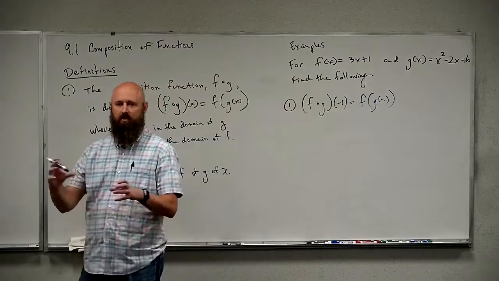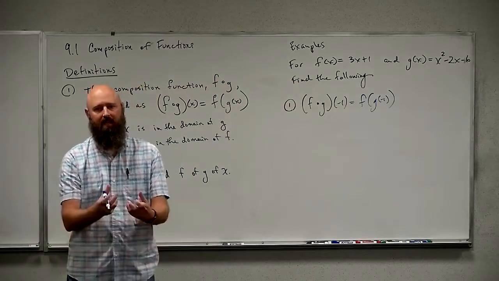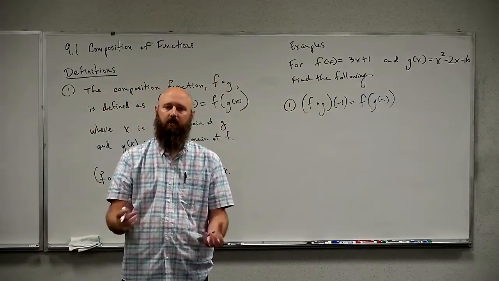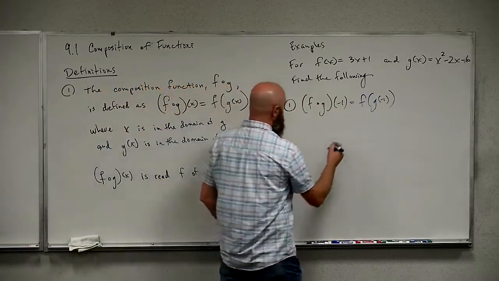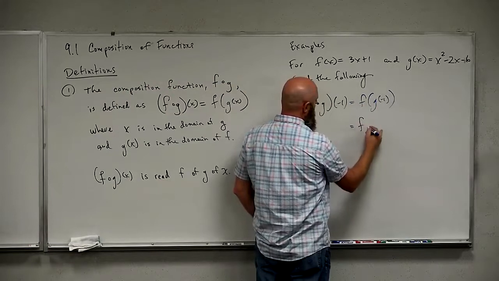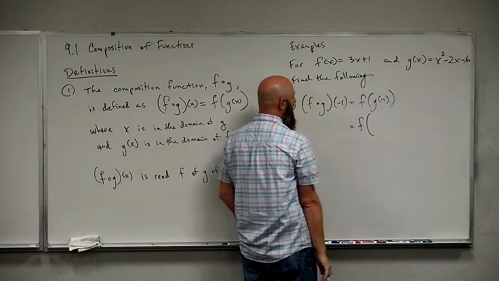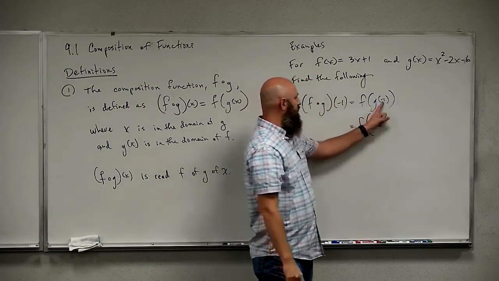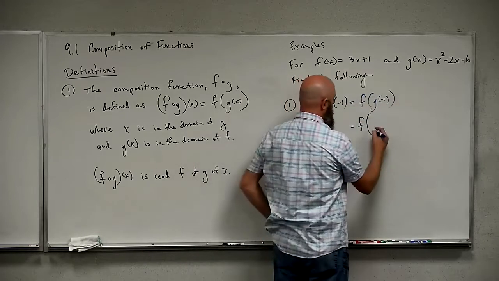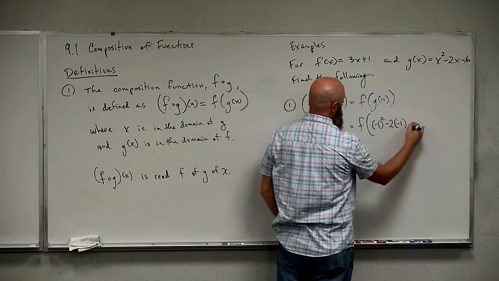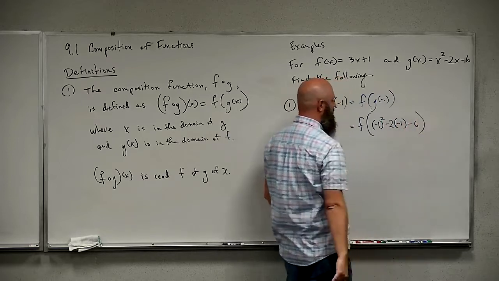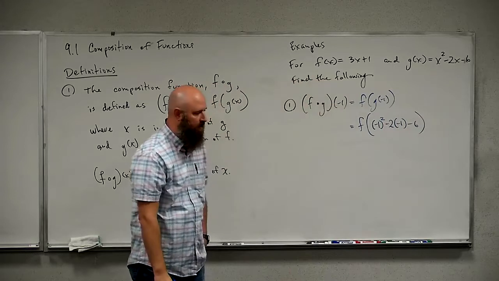Okay, so that we can see exactly what we're doing, plugging that into the g, then we're going to take that result, plug it back into f, and see what we have. All right, so f with g of negative 1, that means we're going to plug negative 1 into g. So we're going to get negative 1 squared minus 2 times negative 1 minus 6. Okay.